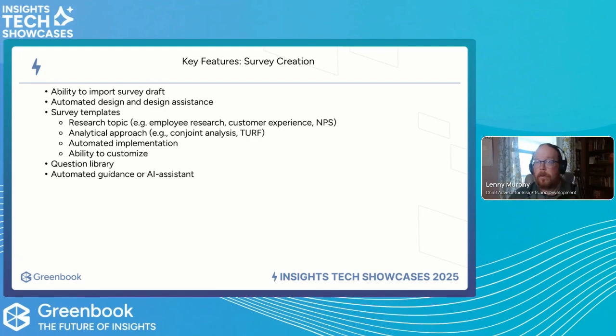Some platforms even automate discrete choice and conjoint. So, think about your level of expertise internally in the design process and the efficiency that you're looking for to take the questionnaire design that you have worked on and incorporate that into a finished product.